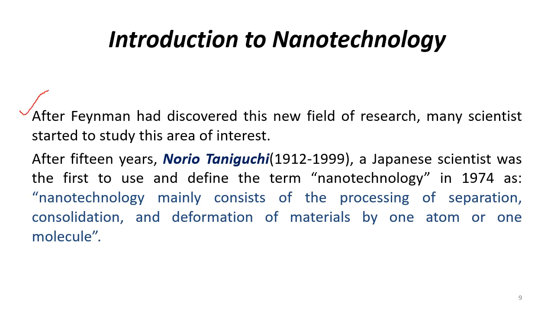After Feynman had discovered a new field of research, many scientists started to study this area or showed their interest in research. About 15 years after the term Feynman defined, Norio Taniguchi, a Japanese scientist, was the first to use and define the term nanotechnology in 1974.